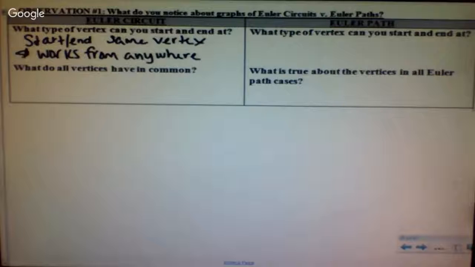So that means I can start at vertex A, I can start at vertex G, I can start wherever I want when there's a circuit. So you start and end at the same vertex, and it works from anywhere.